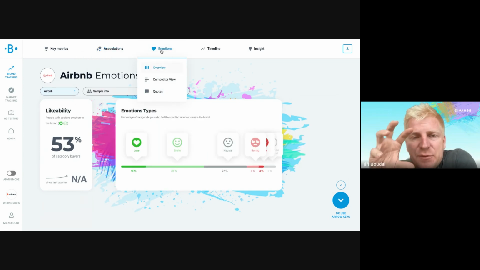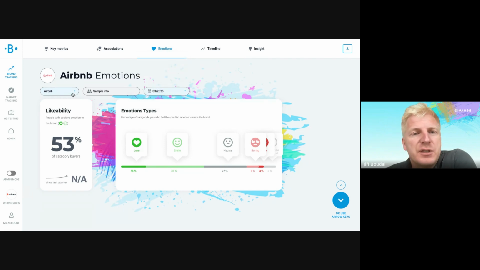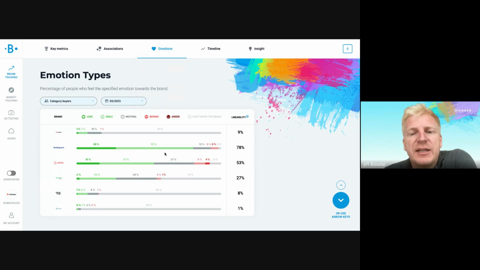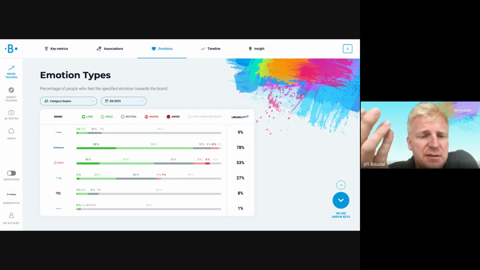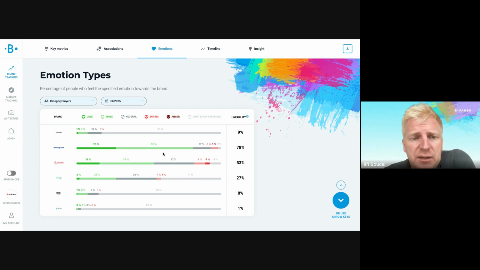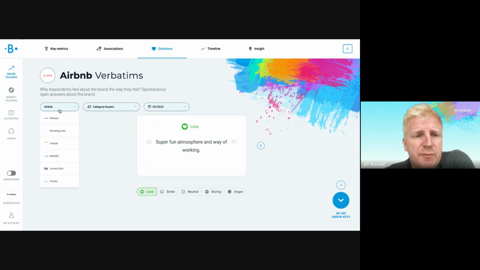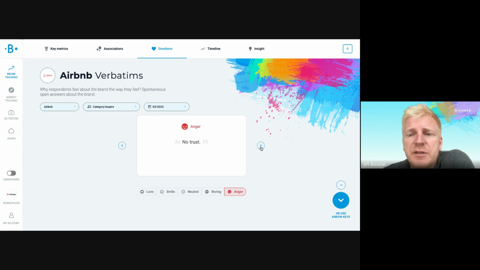Then this is the part I was mentioning as checking for the barriers. So sometimes you want to see if there are some negative emotions or something that is making people not buy you, even if you are salient. Here it's not the case. In the case of this example, you can see Booking doesn't have any distractors. Airbnb has some. You can quickly check for Airbnb what the reasons are, as again, this is not AI created.